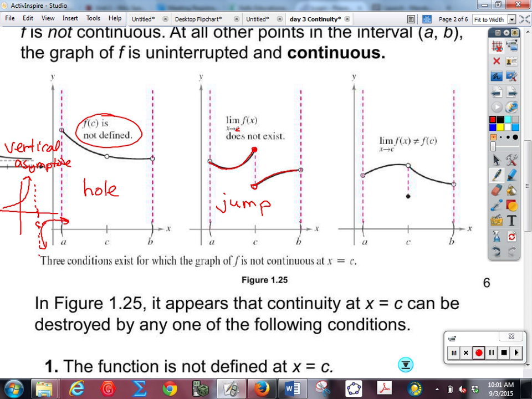And this one is kind of like the first one, except it is defined at C. It's just down here. This one is saying that the limit as you approach C from both sides does not equal the function value.